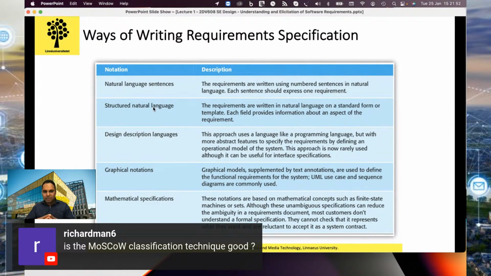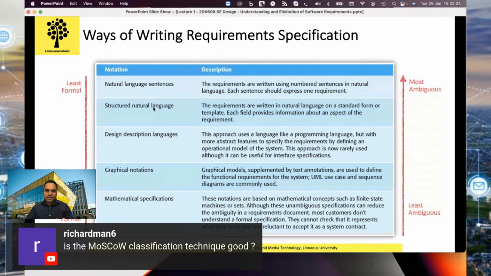But developers, testers or designers rely more on design description languages or graphical notations. And mathematicians, or people who like mathematical notations, which are less ambiguous and less prone to error than other languages, of course, might like mathematical specifications.